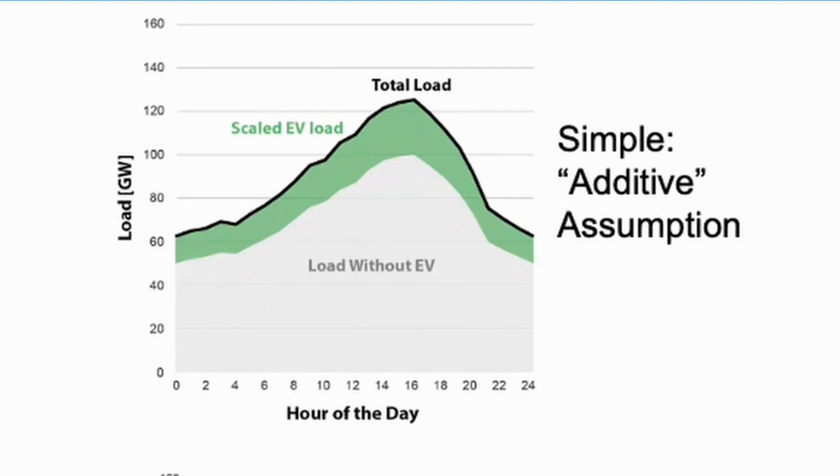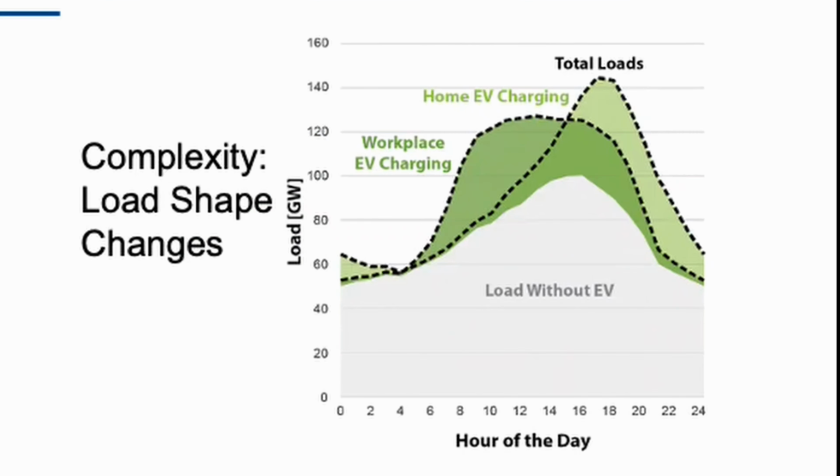Now, that varies in the second figure on the top right side, where you have both workplace charging of electric vehicles, which occurs during the daytime, obviously, and then home charging of electric vehicles more focused on the evening.